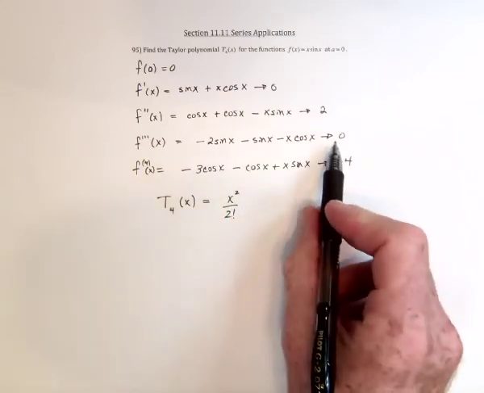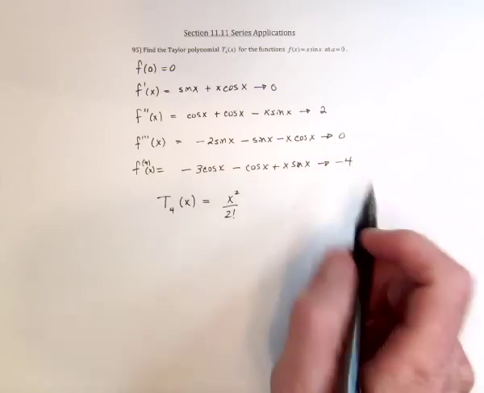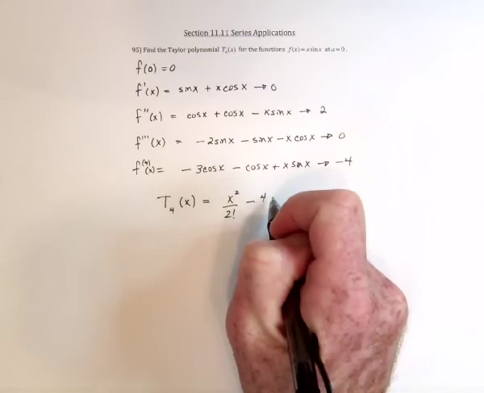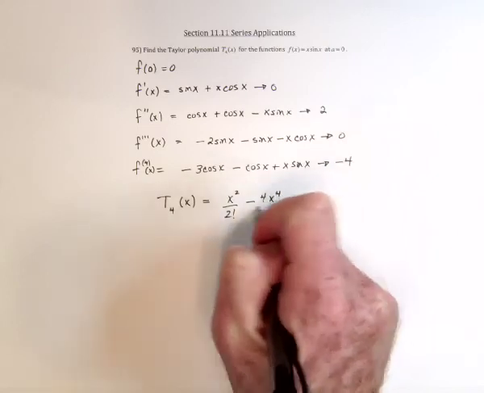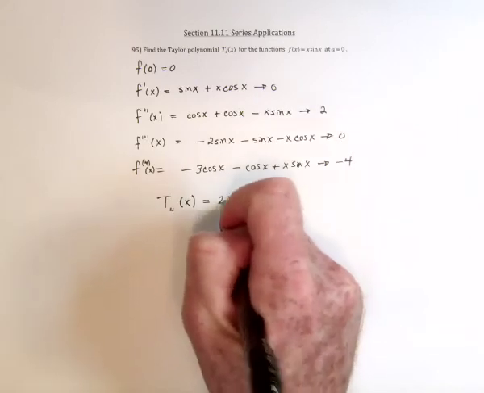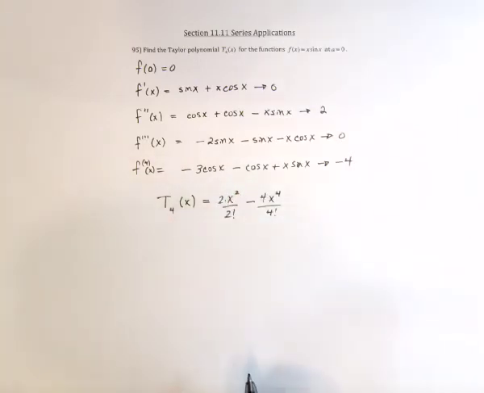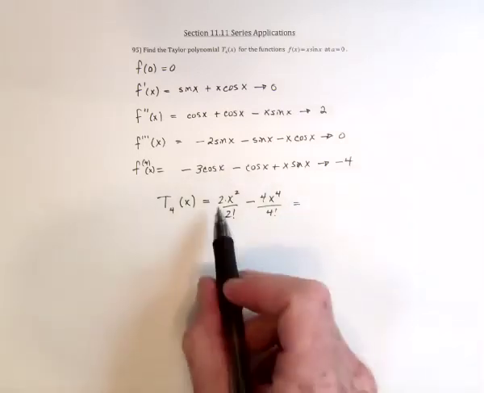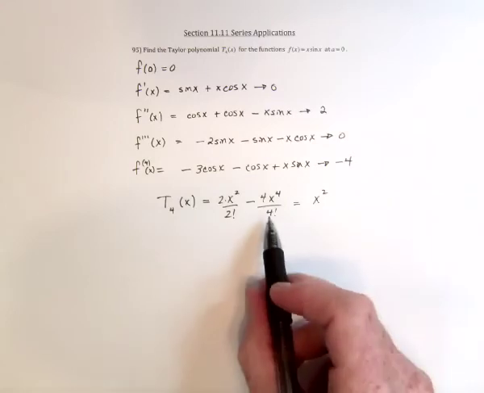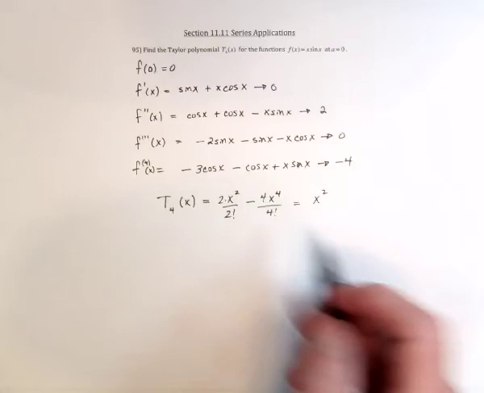And then this would be for x cubed, and this would be for x to the 4th, minus 4 x to the 4th over 4 factorial. When I said that too, I forgot to write it in front right here. And then I guess we could reduce it. This would be gone. We just have x squared. And this would leave, the 4's would cancel, leave 3 times 2 times 1.